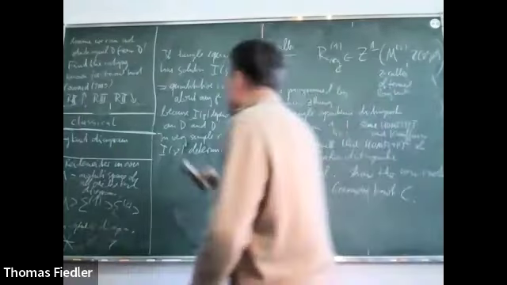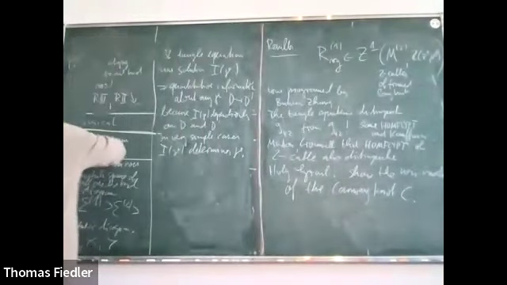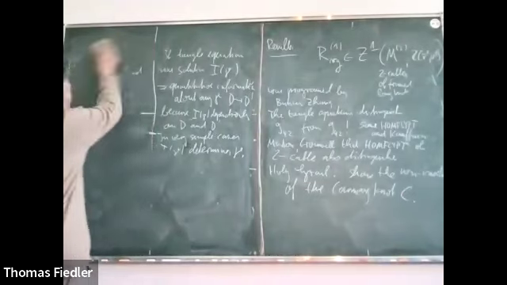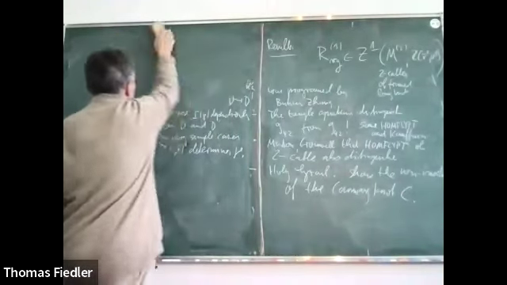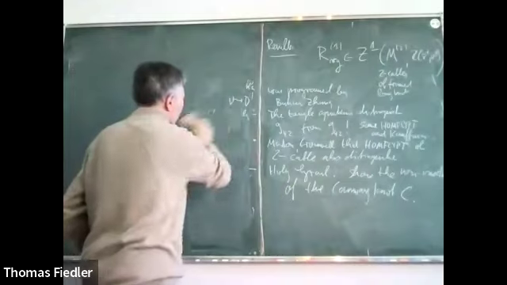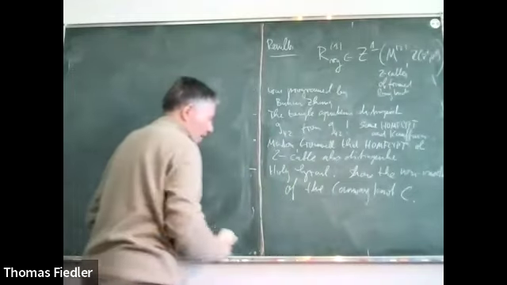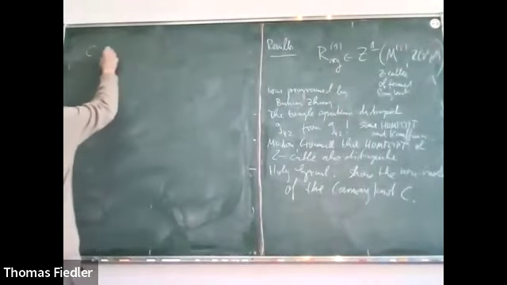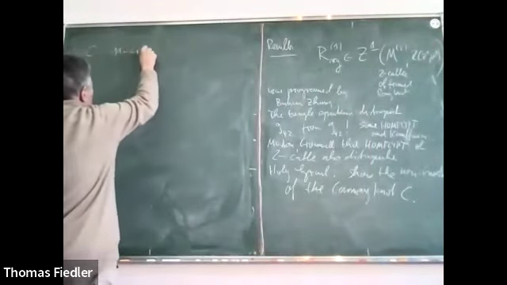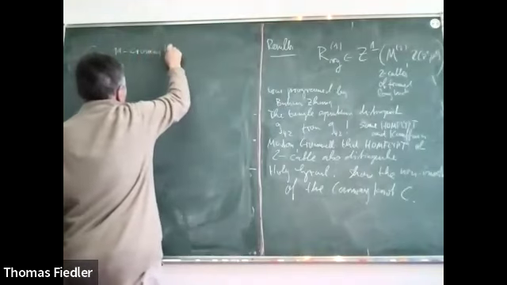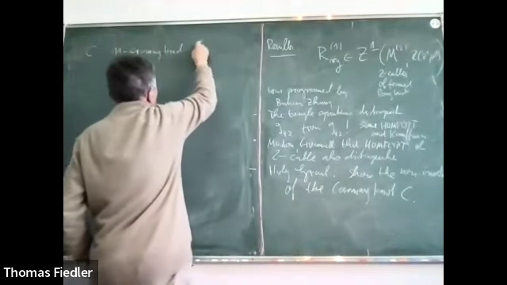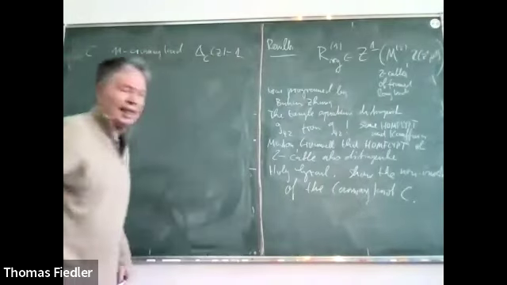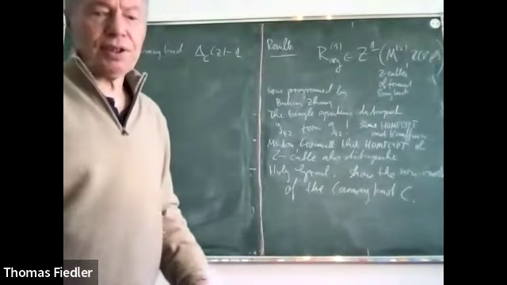So what is a Conway knot? Conway knot is an 11 crossing knot with the Alexander polynomial 1. So it's the same as that of the trivial knot.